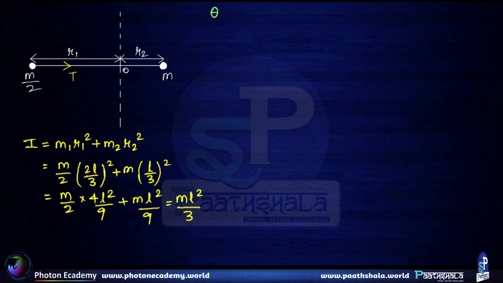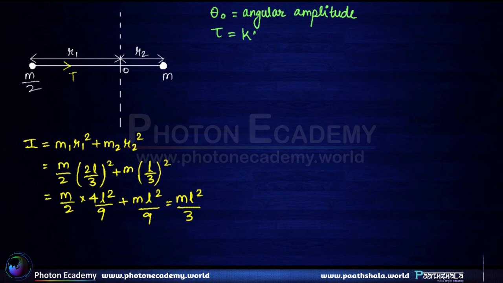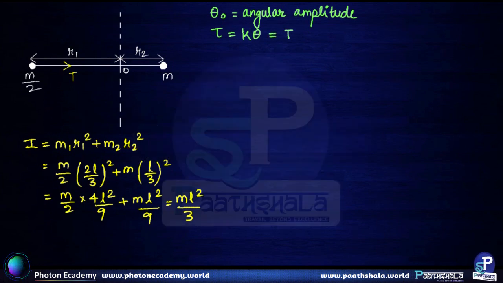Now it is given that theta naught is the angular amplitude, and the restoring torque tau is given to be k theta. Now torque can also be written as I alpha, where alpha is the angular acceleration and alpha is equal to omega square theta.